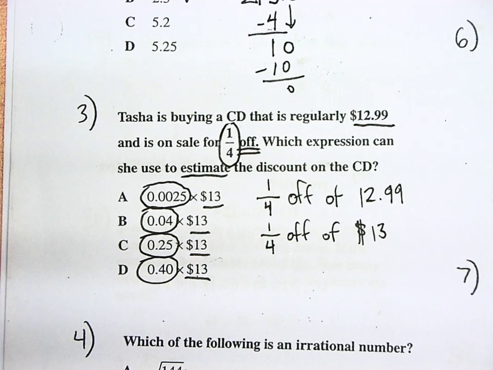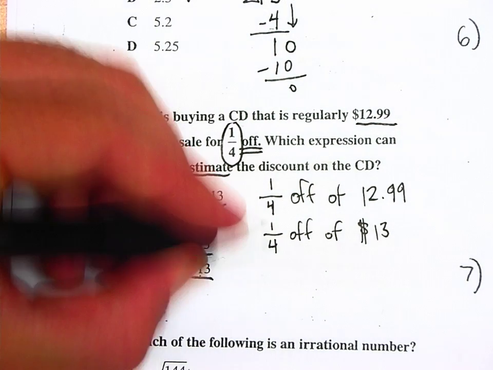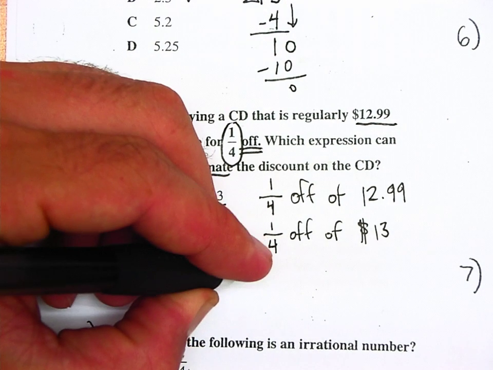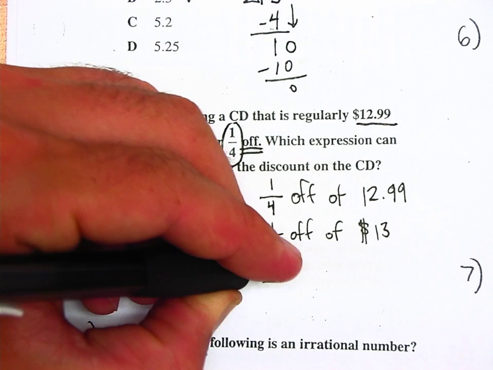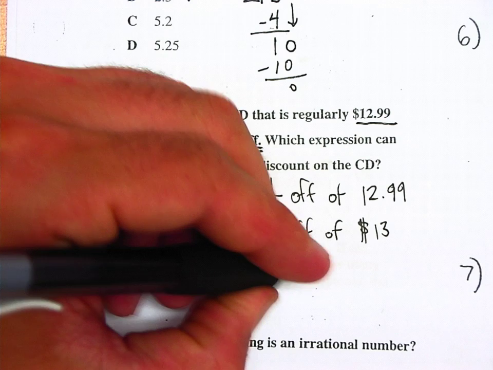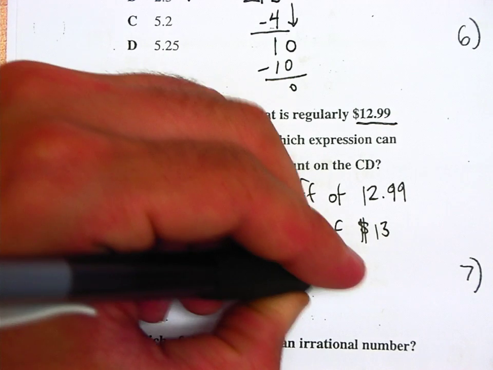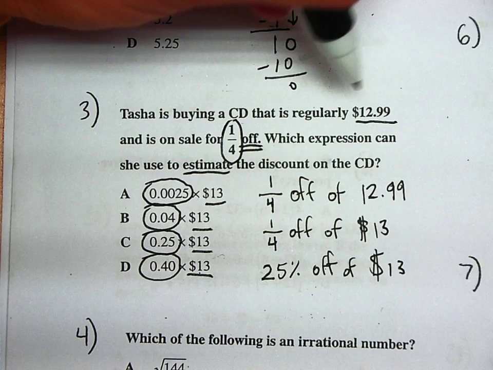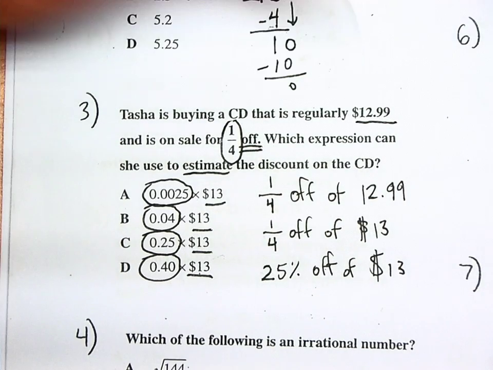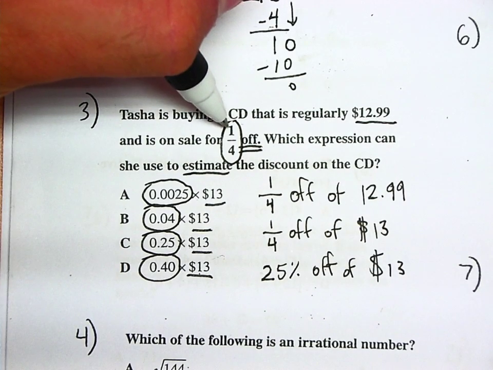So here's where I need to use my fraction and decimal skills, because I know that 1/4 really is the same thing as 25%. And so this is really asking for 25% off of $13.